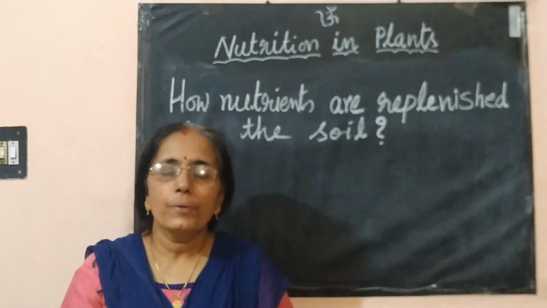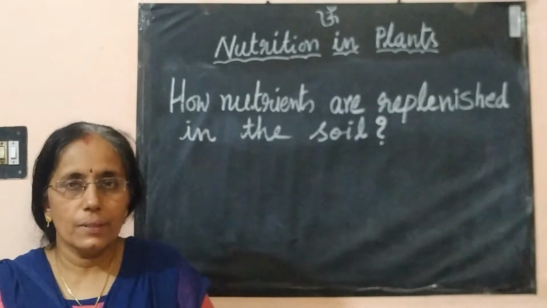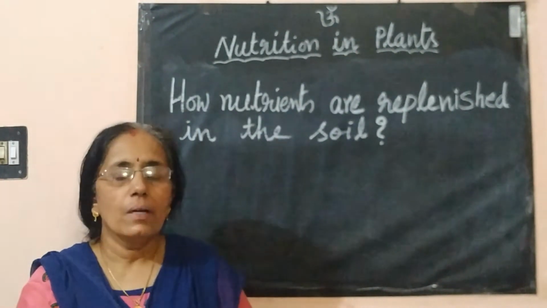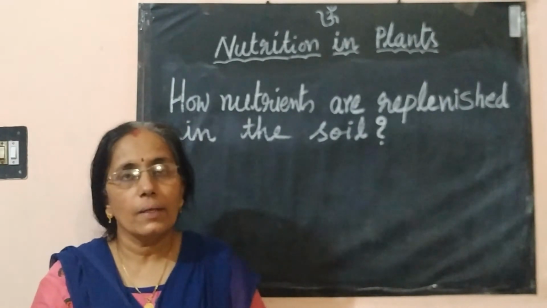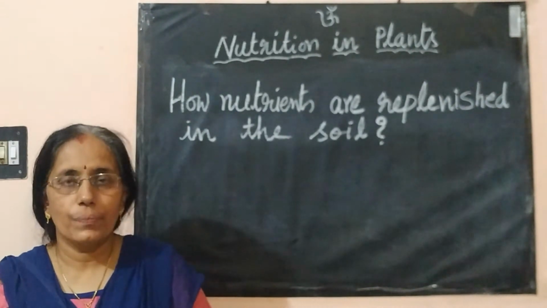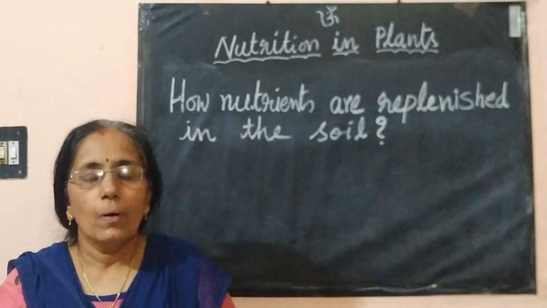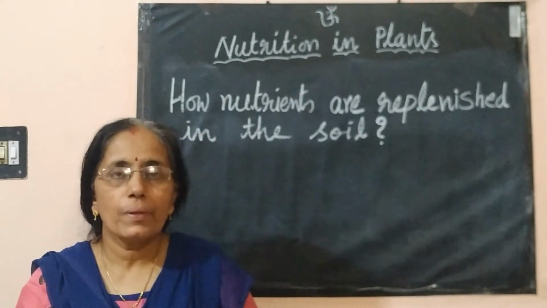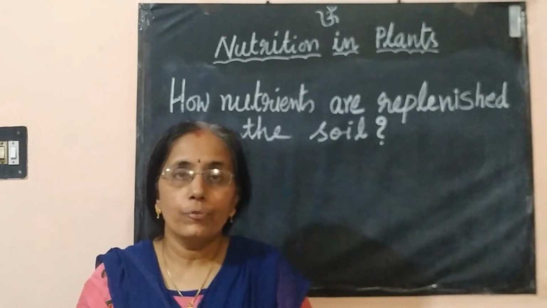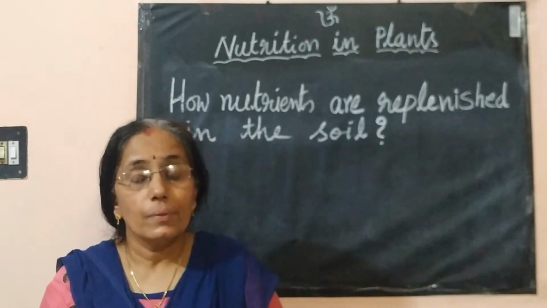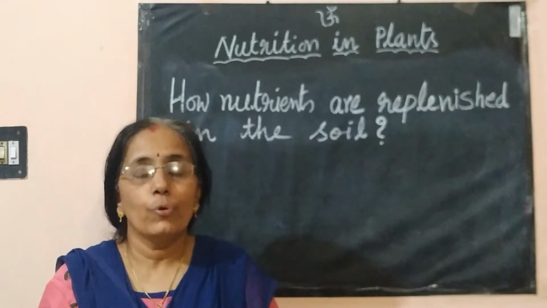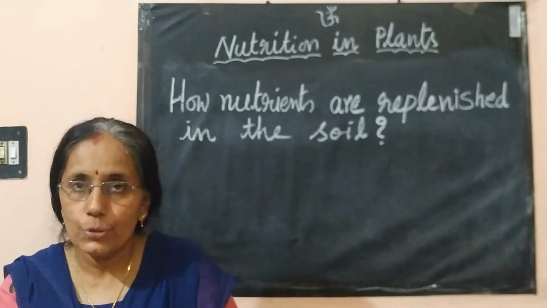Now we are going to discuss the last topic in this chapter, that is how nutrients are replenished in the soil. Students, you have learned in the previous topic that in autotrophic nutrition, green plants make their food using sunlight, water and minerals from the soil.